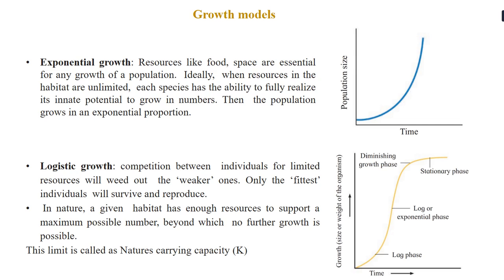Ideally, when the resources in a habitat are unlimited, that means there is abundance of resources, each of these species has an ability to fully realize its innate potential and grow in number. At such ideal conditions, the population grows in an exponential proportion, that means in a geometric proportion.